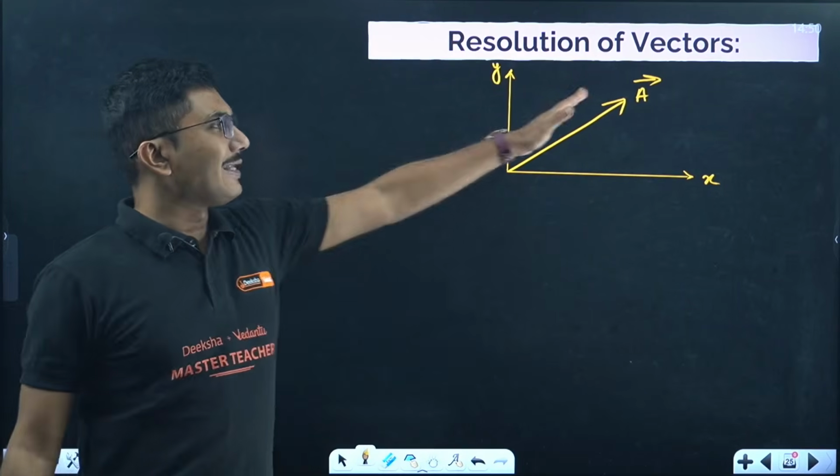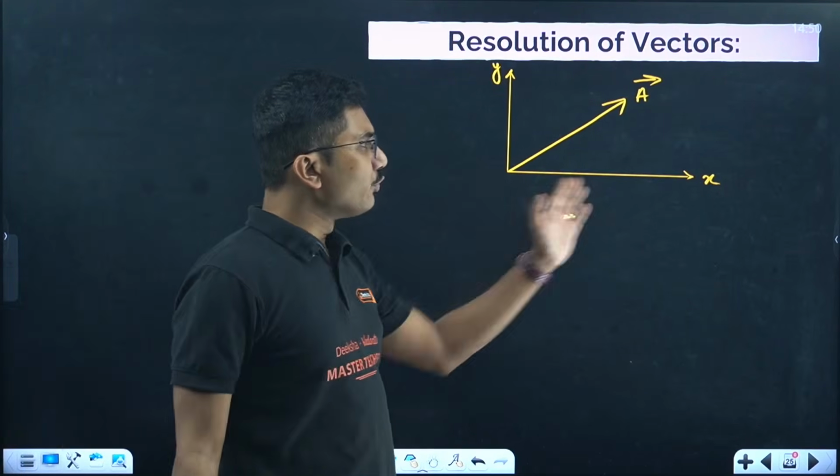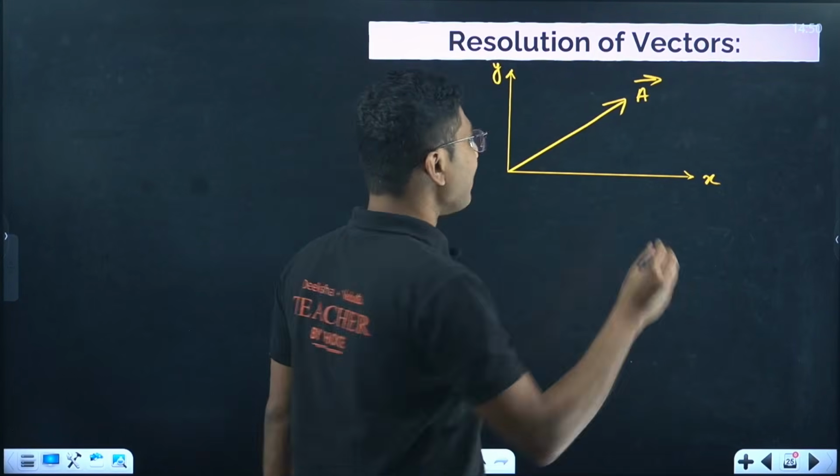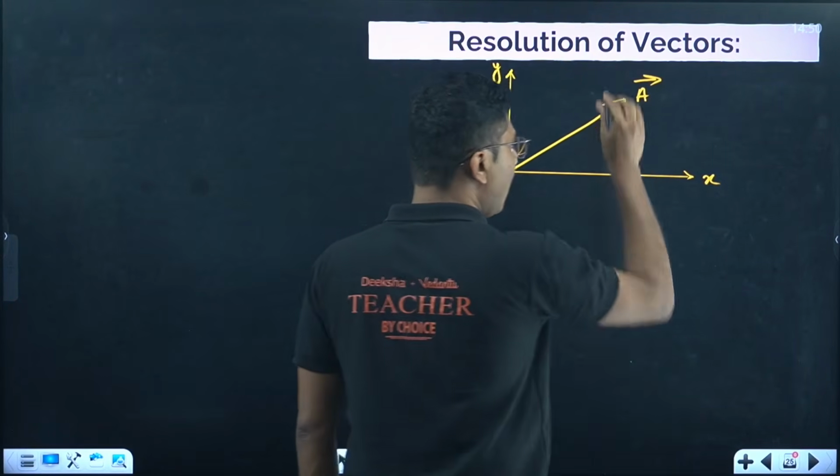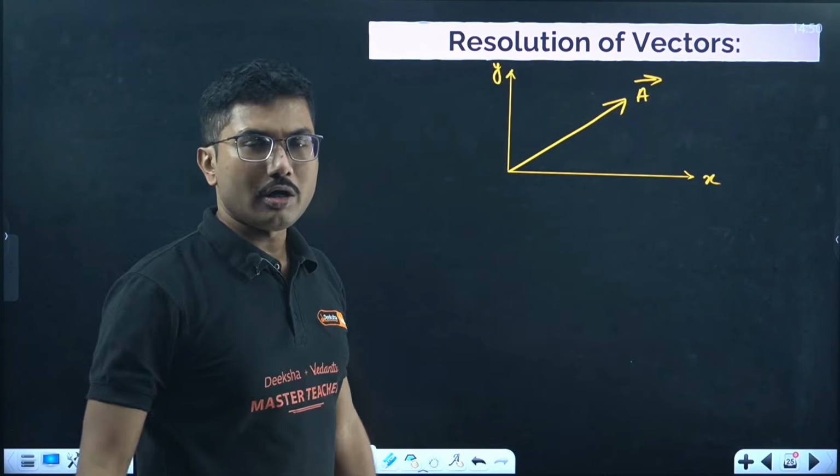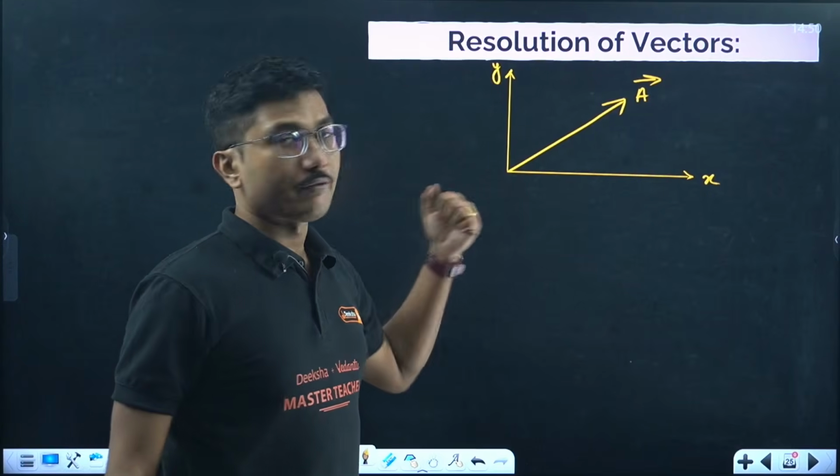When one vector is given and we choose two perpendicular axes and take the component of this vector along these axes, they are called the two components of the original vector.